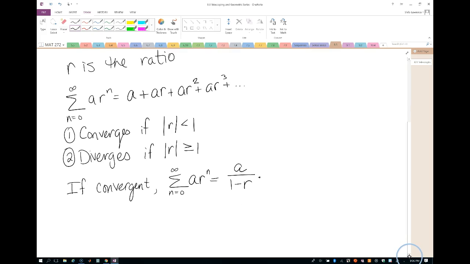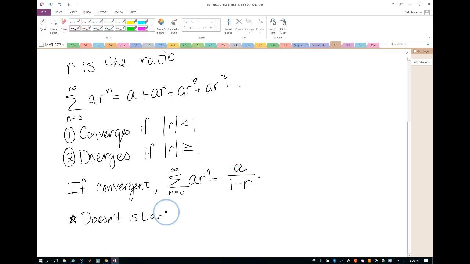And there is a way to work around it if we, for some reason, find a geometric series that doesn't start at 0. Then we would still want to use this formula, but that formula includes every single term starting with the 0 term. So this would be our starting point, and then we would have to subtract off the terms that aren't included.